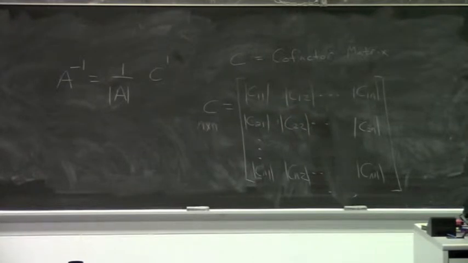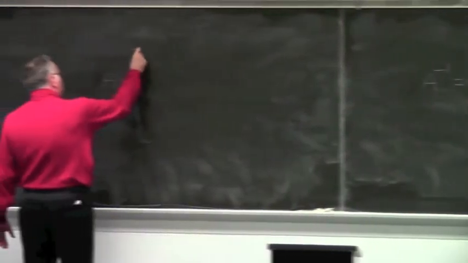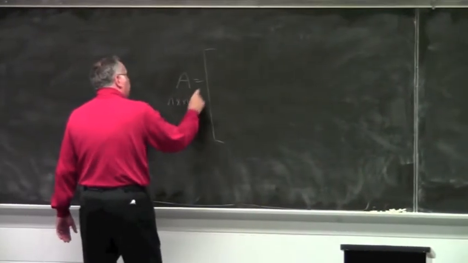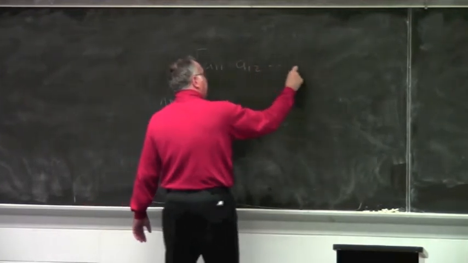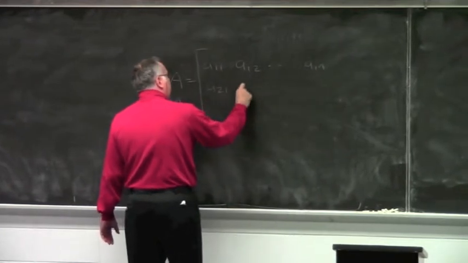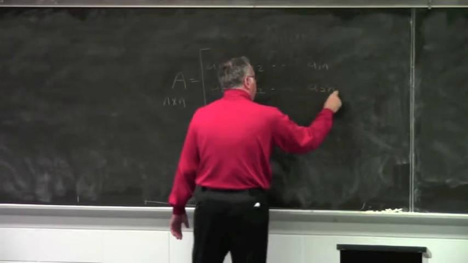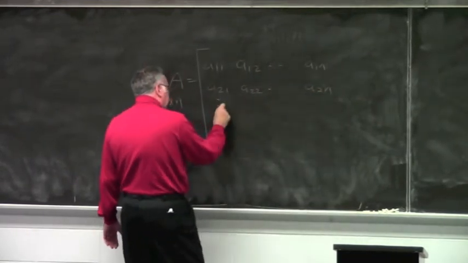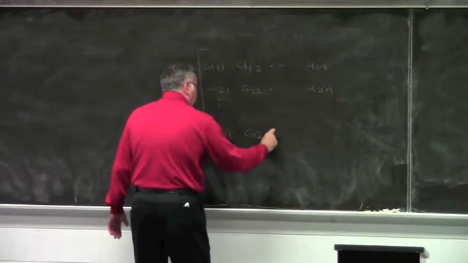See, your original A matrix here is assumed to be this. A11, A12, dot, dot, dot, A1n, A21, A22, dot, dot, dot, A2n. And then you go dot, dot, dot, An1, An2, Ann.